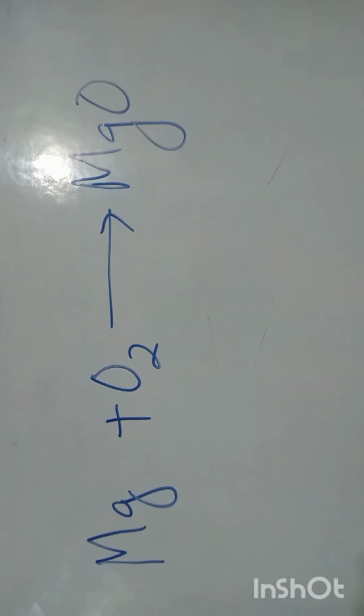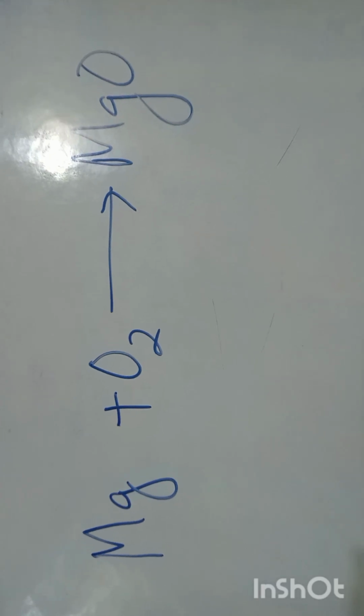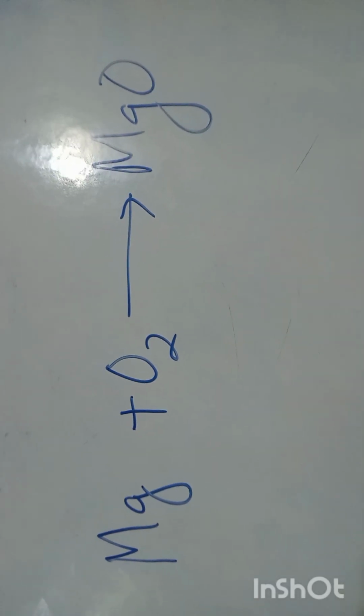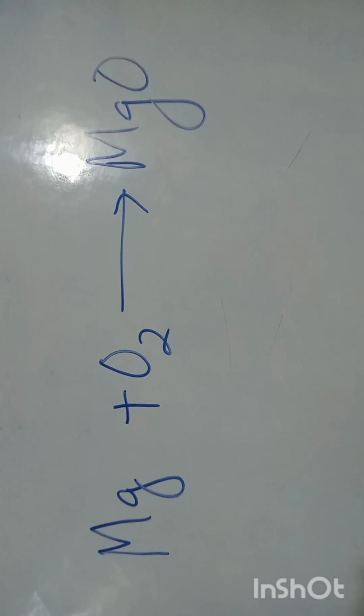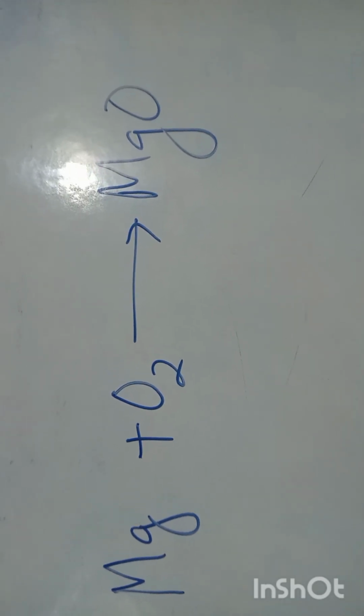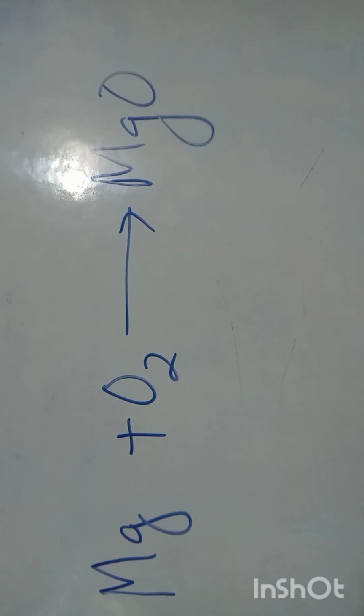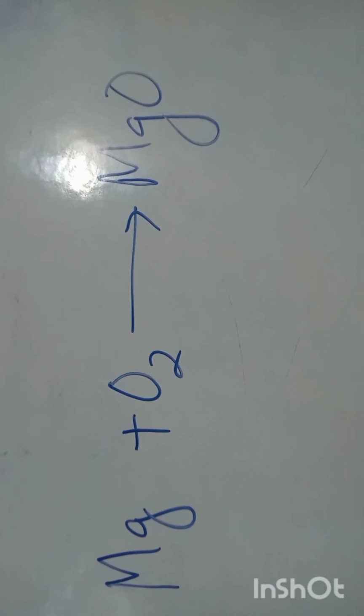Here we can clearly see that there is one atom of magnesium on the left side and two oxygen atoms on the left side, but one atom of magnesium on the right side and also one atom of oxygen on the right side. So we have to balance that.